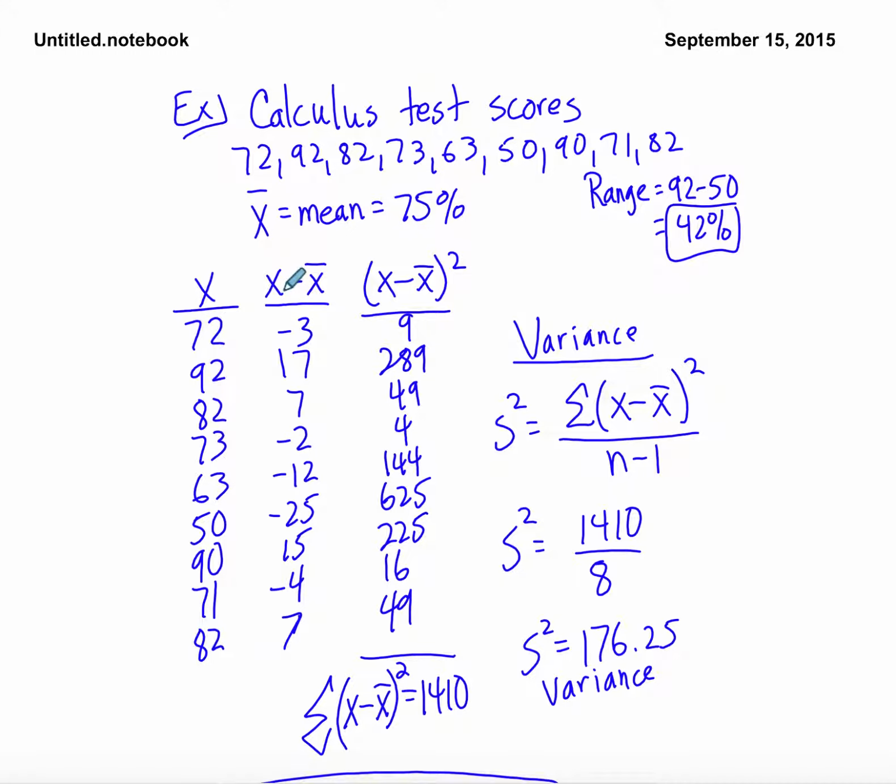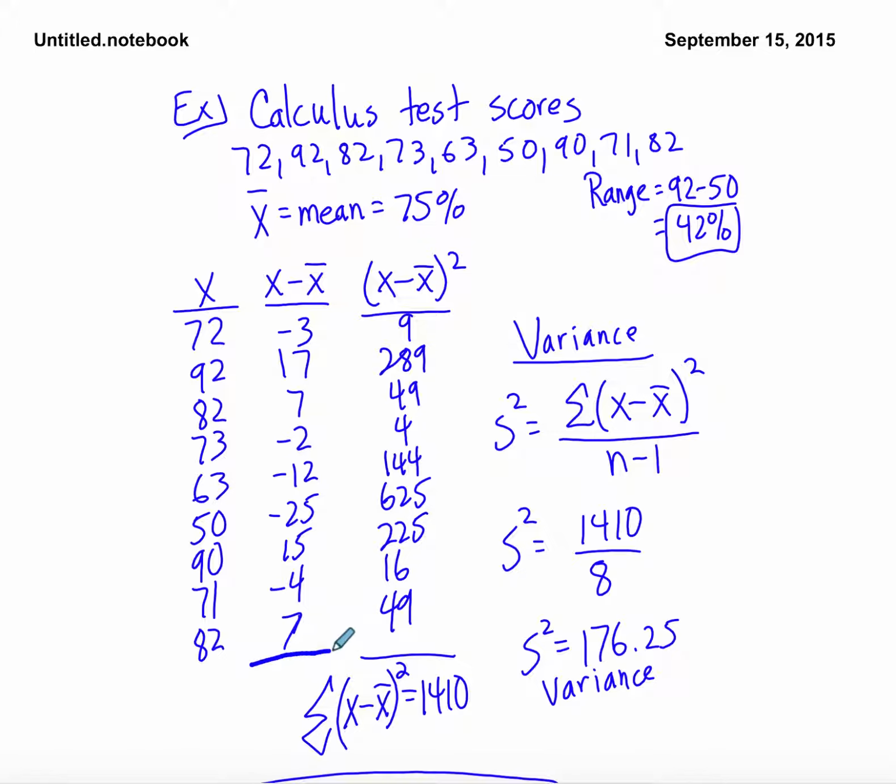Then we subtract the mean from each of these values. 72 minus 75 is negative 3. 92 minus 75 is 17. 82 minus 75 is 7. 73 minus 75 is negative 2. 63 minus 75 is negative 12. 50 minus 75 is negative 25. 90 minus 75 is 15. 71 minus 75 is negative 4. And 82 minus 75 is 7.